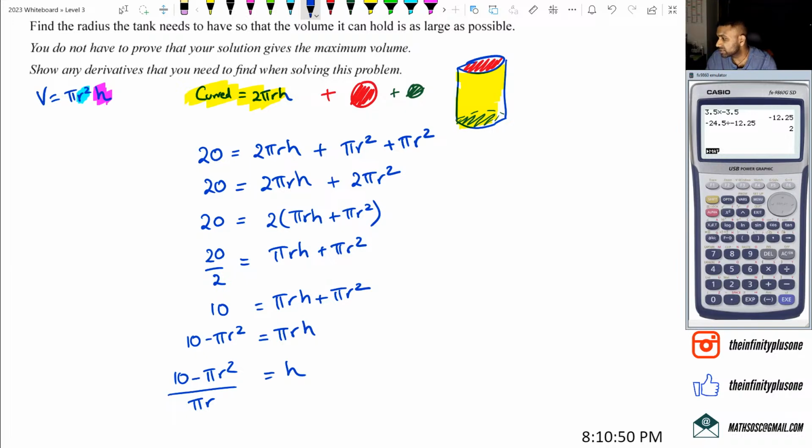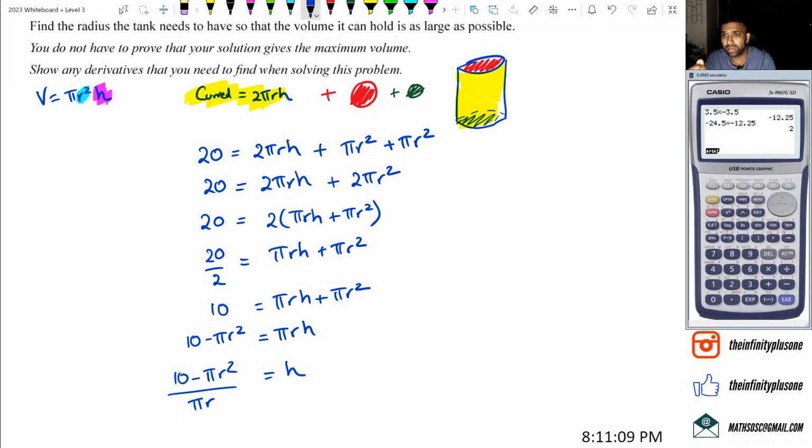So I haven't started differentiating at all. All I'm doing is rearranging it. No, Zoe, you can't differentiate if there are two different variables. Notice how the volume has the radius and the height.